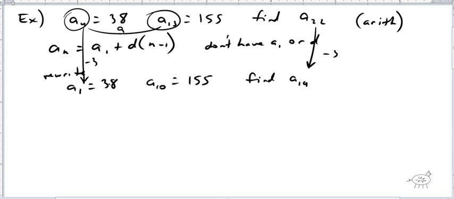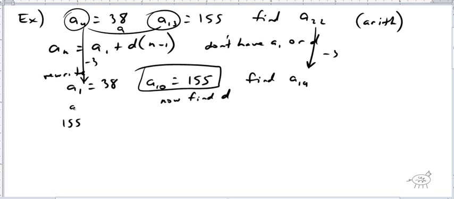And now what I can do is find d. So, a sub n is this term right here. We're going to say it's a sub 10. So 155, which again is a sub 10, is equal to a sub 1, which is 38, plus d times, and now we know, just because we wrote it, our n is 10, so 10 minus 1.